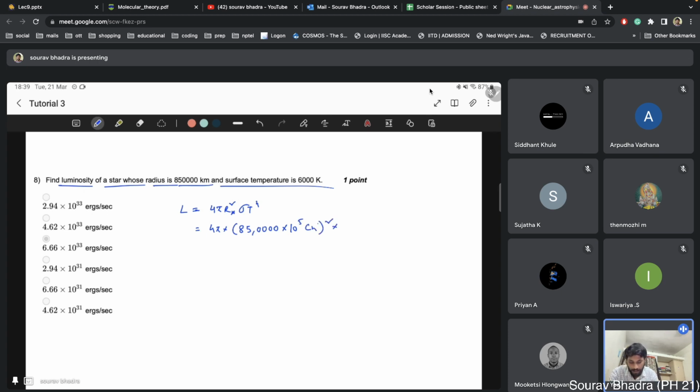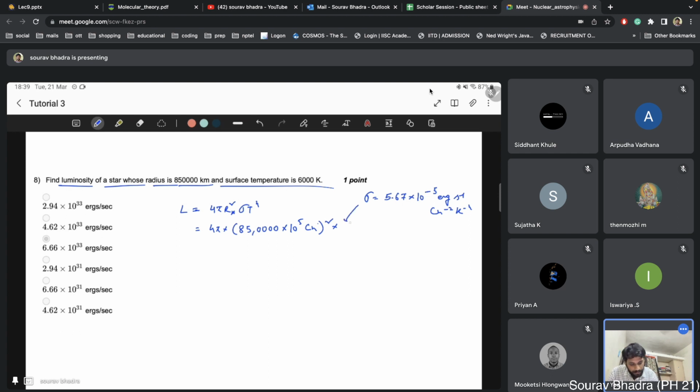Sigma, I am telling you repeatedly, just try to remember its value: 5.67 into 10 to the power minus 5 erg per second per centimeter squared per Kelvin to the power 4. So try to remember the value of sigma in every unit, I mean in erg per second, in CGS, in SI, in eV. That is helpful.